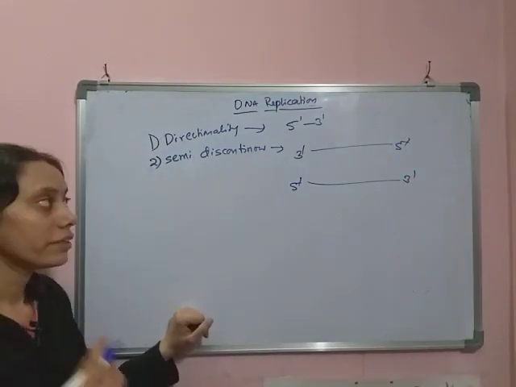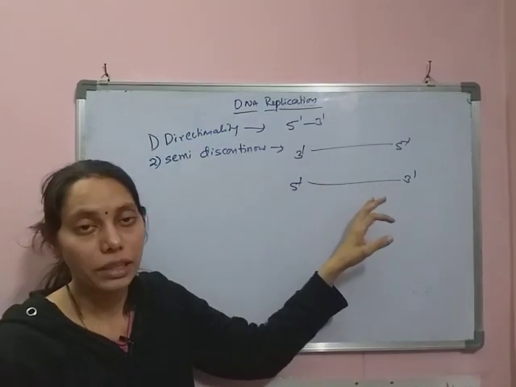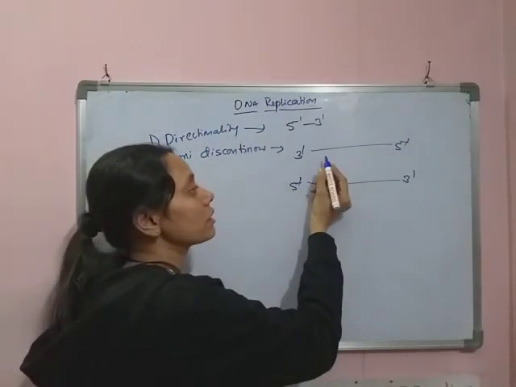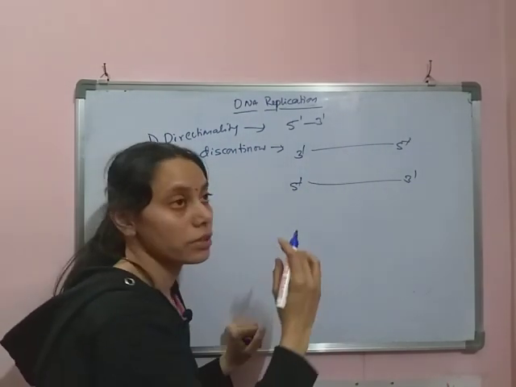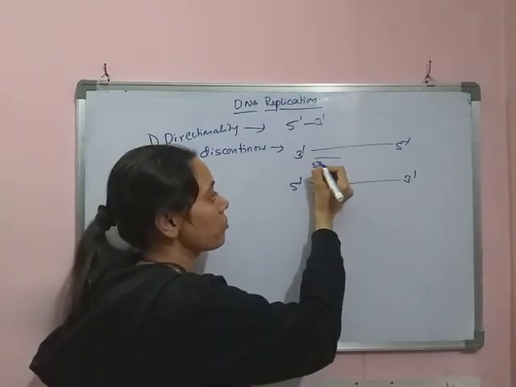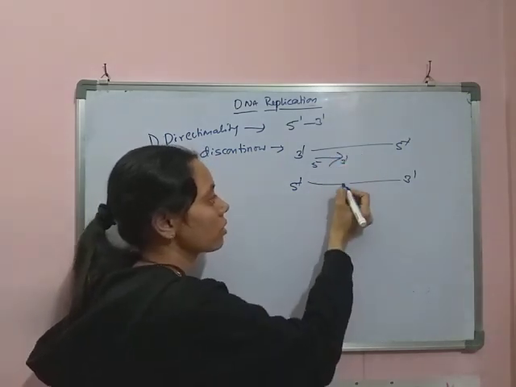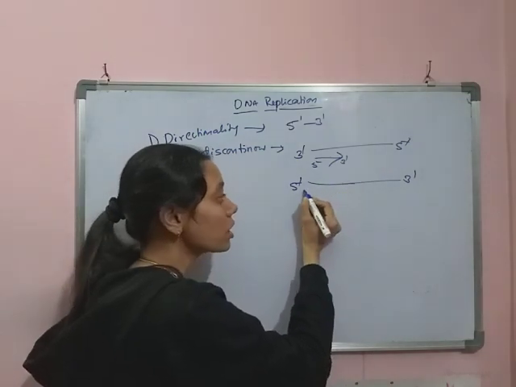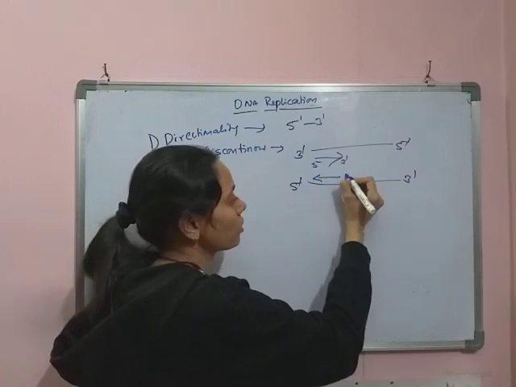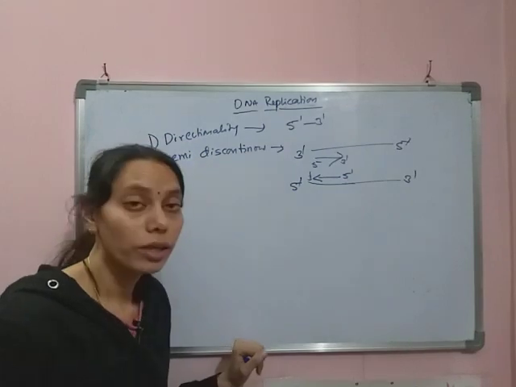During replication, both strands must be replicated at the same time, but the addition of nucleotides must be in opposite directions. For one strand the direction of replication is like this; for the other strand the addition of nucleotides must be like this, in the opposite direction, yet again 5' to 3'. How does this happen?